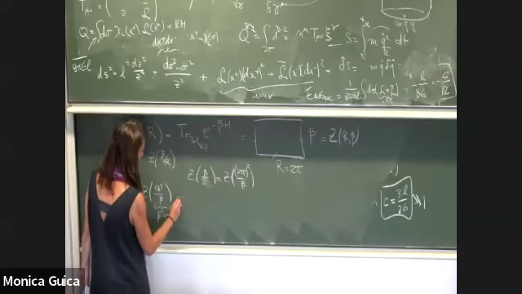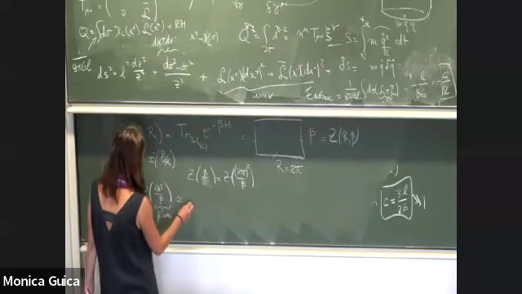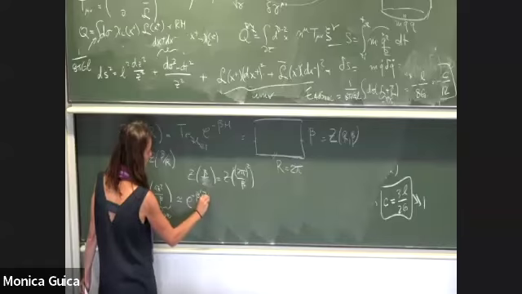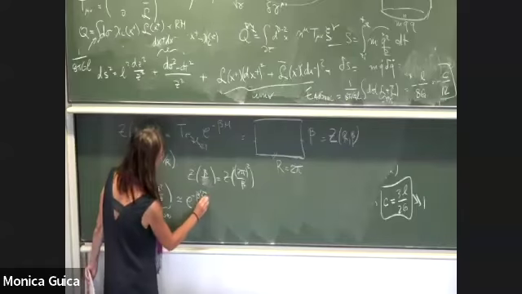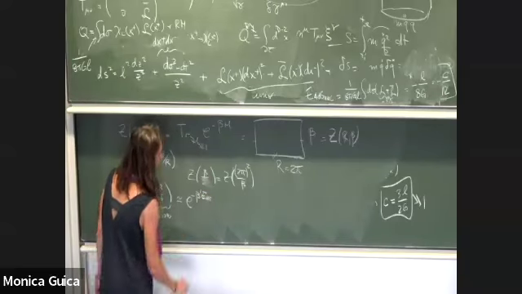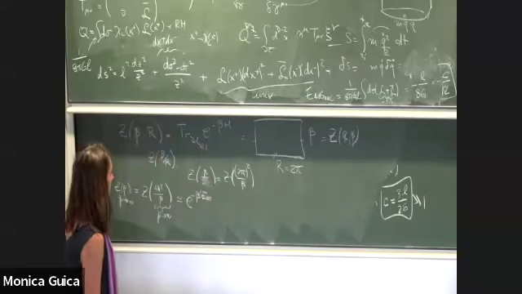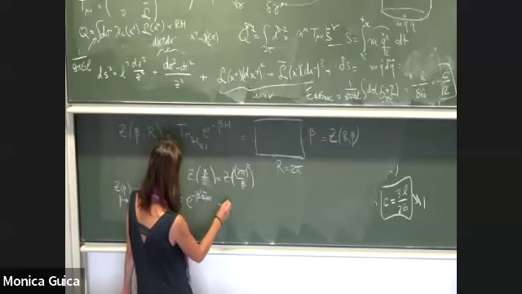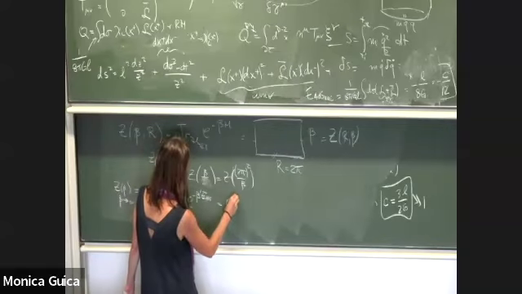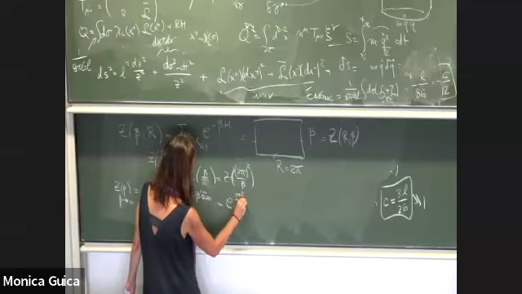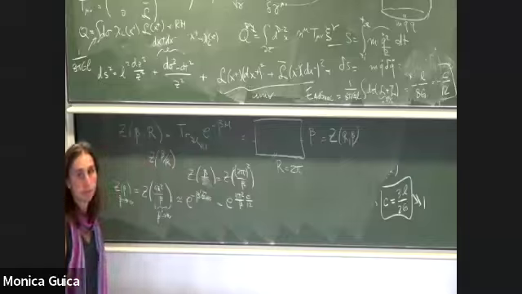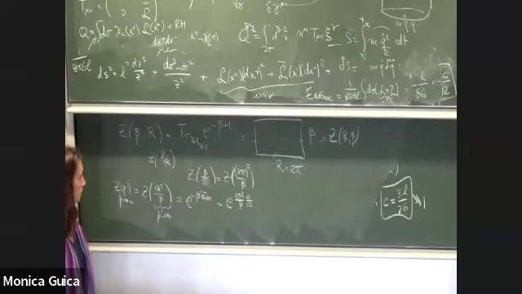So this thing is going to be approximated by e to the minus beta prime E_vac. But E_vac is minus c over 12, and beta prime is 4 pi squared over beta. So this is going to be e to the 4 pi squared over beta times c over 12, in the limit beta goes to 0.